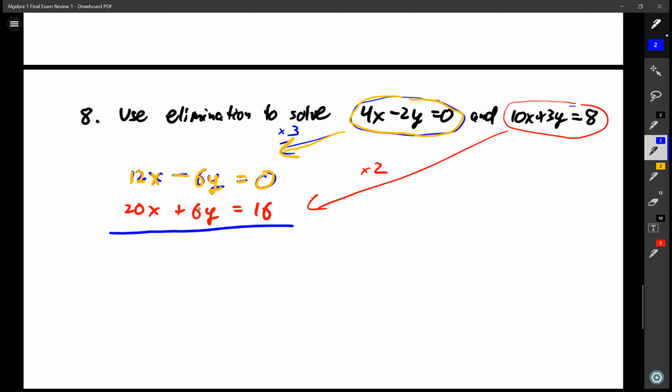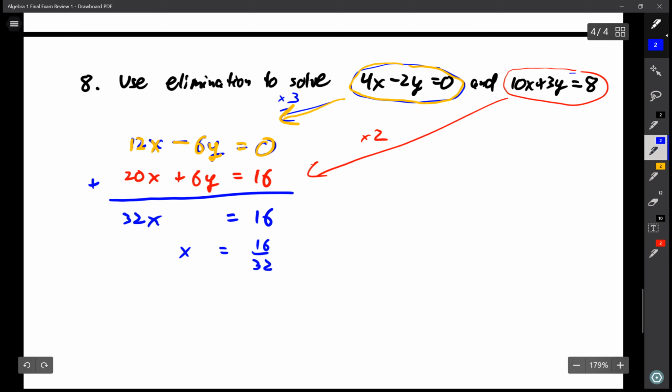So I need to add these. So we get 12 plus 20 is 32x. -6y plus 6y is nothing. And then 0 plus 16 is 16. So now we can divide both sides by 32. And that gives me x equals 16 over 32, which is 1/2.